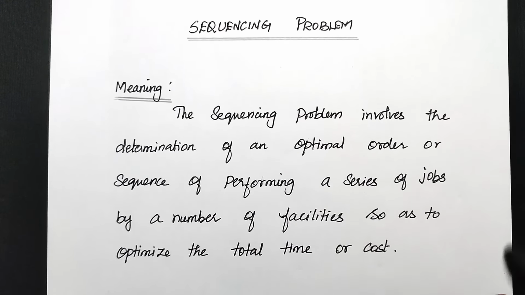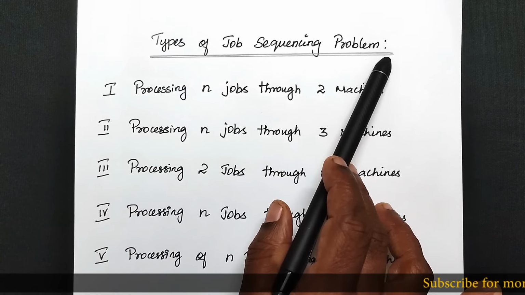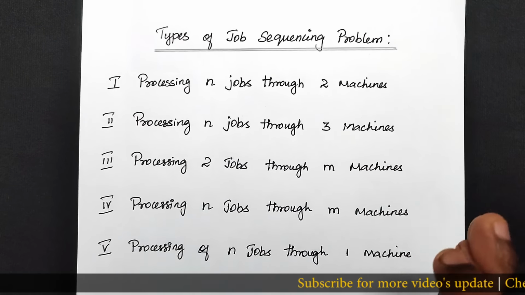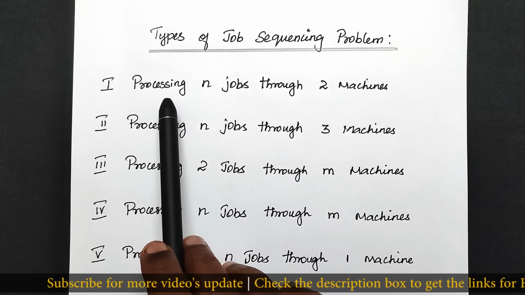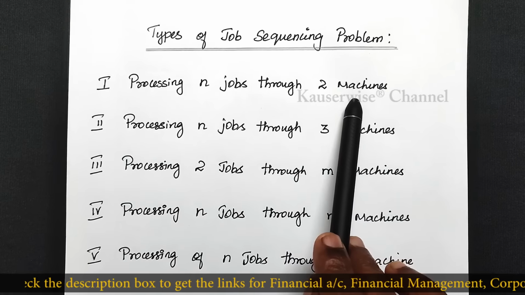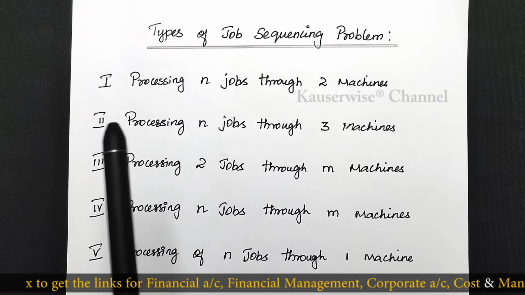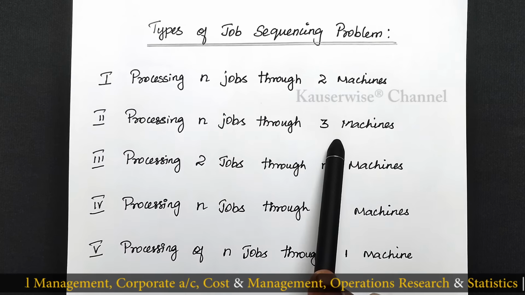Now let us see the different types of sequencing problem. Here we have 5 different types. The first one is processing n number of jobs through 2 machines. The next one is processing n jobs through 3 machines.